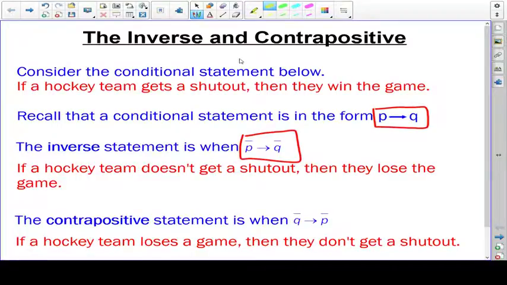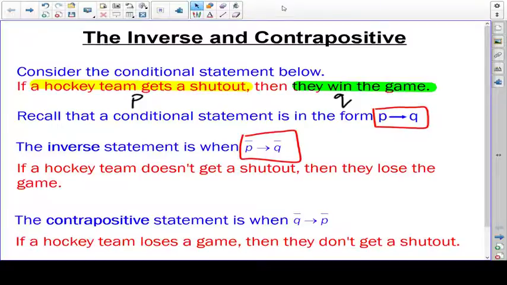The original conditional statement is if a hockey team gets a shutout. So P would be a hockey team gets a shutout, and your Q would be then they win the game. Okay? So this is P and this is Q.